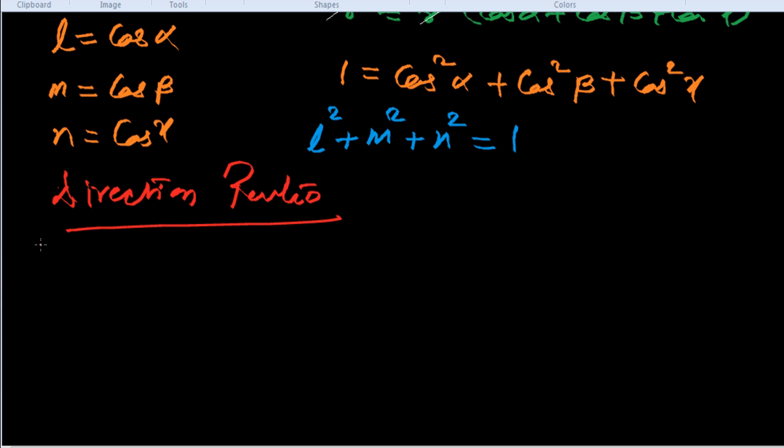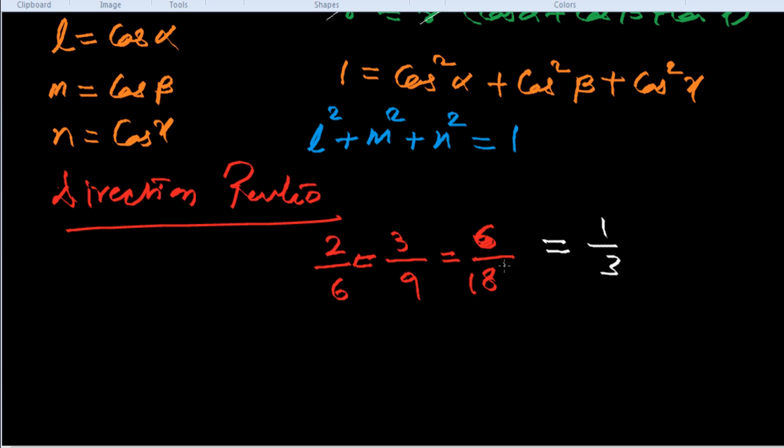Direction ratio, I explain first. We have the numbers 2, 3 and 6. If I divide 2 by 6, 3 by 9 and 6 by 18, I get all the ratios the same. 2 over 6 is 1 by 3, 3 over 9 is 1 by 3, and 6 over 18 is 1 by 3.